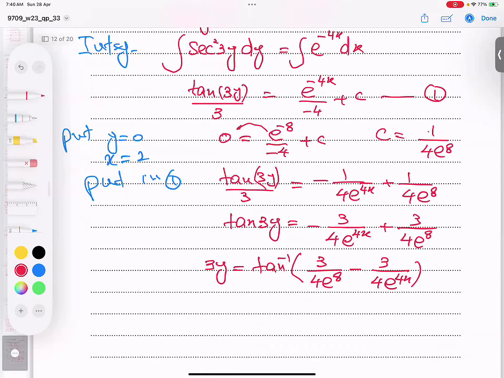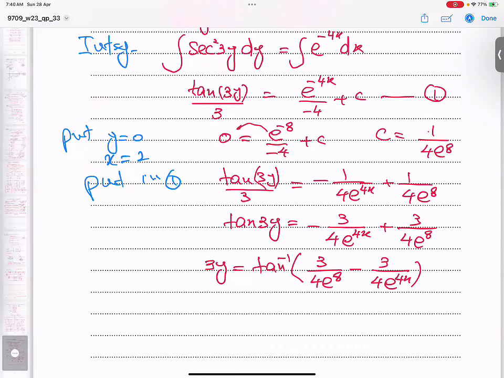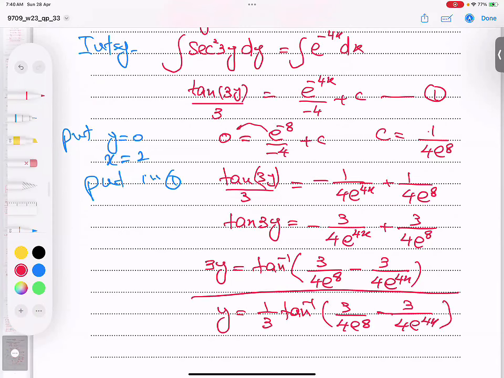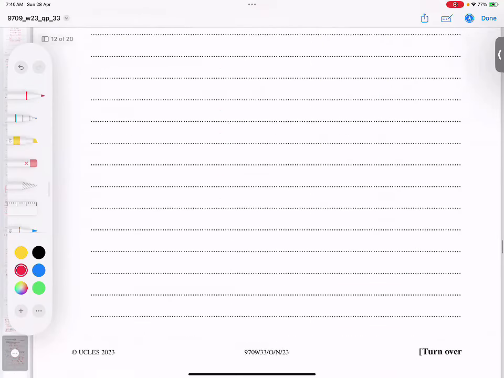Now, students, finally, what I can do, this is a 3, I will divide, and that's the last form of our answer: 1/3 tan inverse. So, Alhamdulillah, you got a whole idea of the question. And this is our final answer. Let's go for the next question.